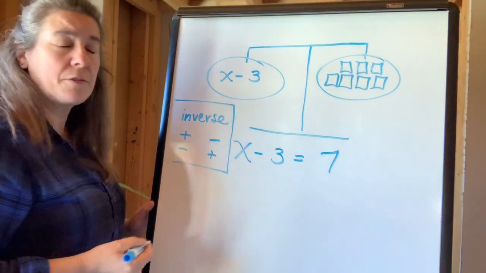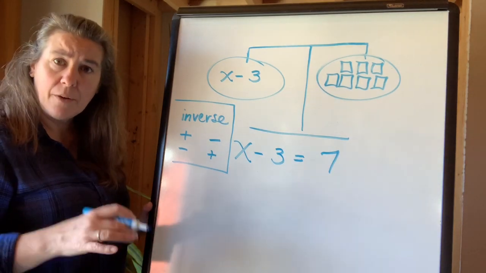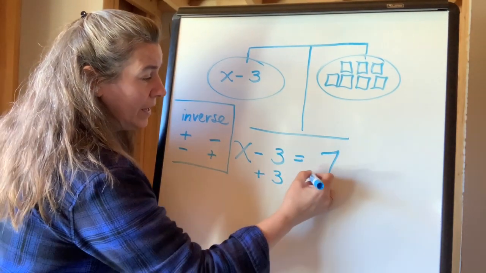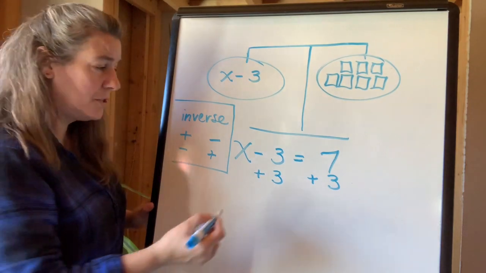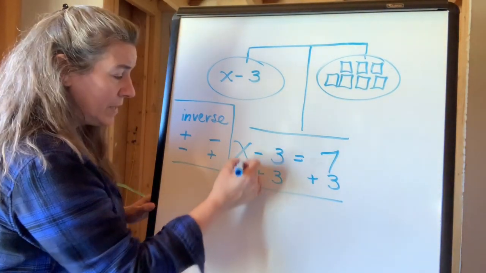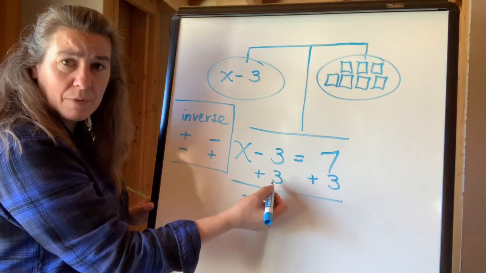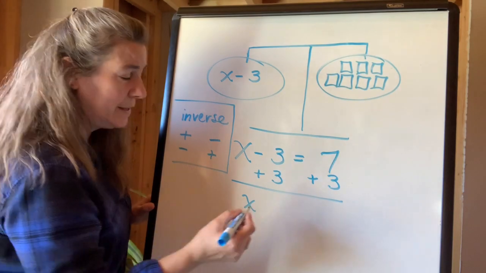So if I'm taking 3 away, then the inverse of that would be adding 3. So I would add 3 to both sides of my equation. This then would become X plus or minus 0. Negative 3 plus 3 is going to zero out, right? I forgot to point that out on my last video.